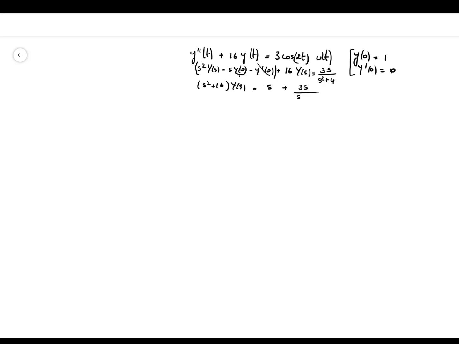Okay, so you see that when you do an exercise, it's worthwhile stopping at some stage to see if you haven't made any mistakes. Okay, so Y(s) is equal to s over s squared plus 16 plus 3s over s squared plus 16 plus s squared plus 4.